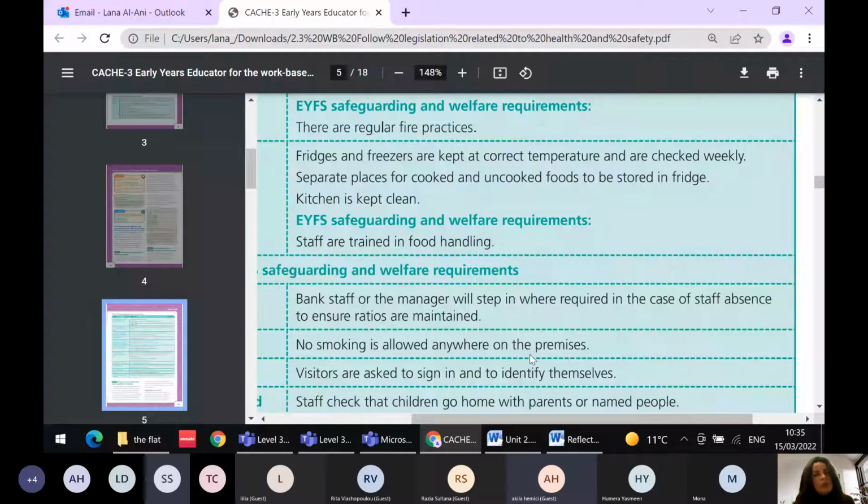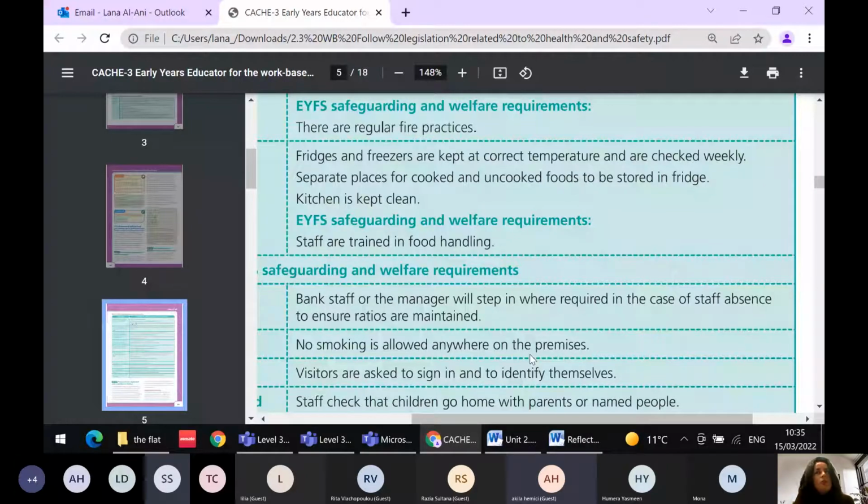Any uncooked food should be separated from cooked food, because we shouldn't mix them up on the same shelf in the fridge. And always the kitchen should be clean. If you cut any raw meat or any food on the surface, you should always clean it. So following the EYFS safeguarding and welfare requirements, staff are trained on food handling.